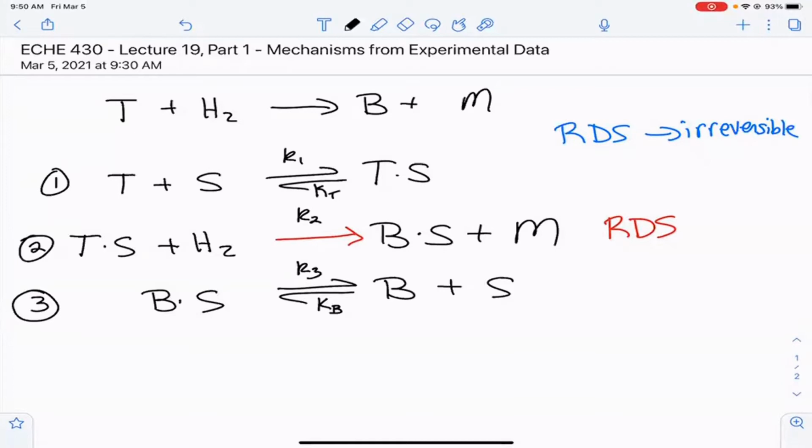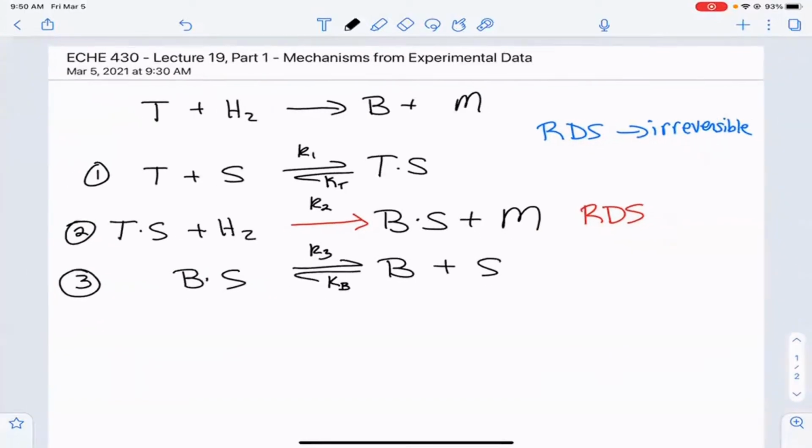So let's figure out how we're going to use our experimental data to determine the rate constants. But we don't know which ones we need here at the beginning. So from the mechanism, we need to find our rate law.